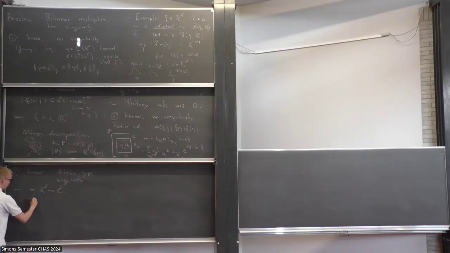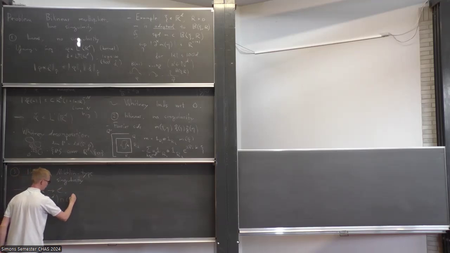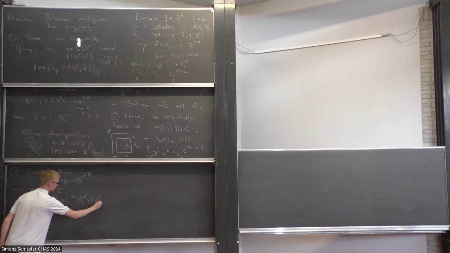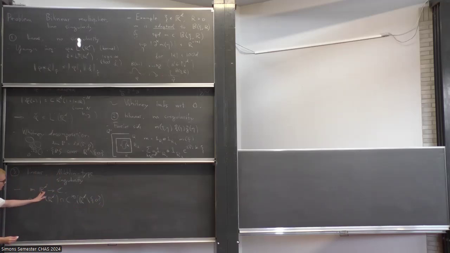Then I want it to be bounded, and I want it to be smooth in the complement of my special point, the origin. And the origin is now the point where the singularity is supposed to be. The point is that this is a bounded function, but when you start differentiating, things can start blowing up, and these kinds of things are important when you, for instance, have the cutoff.